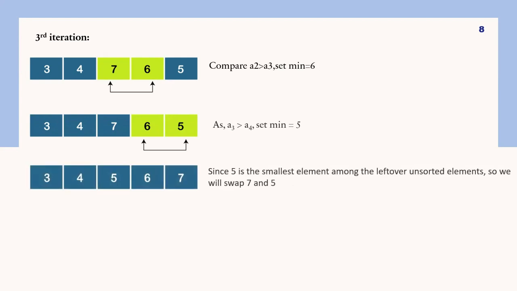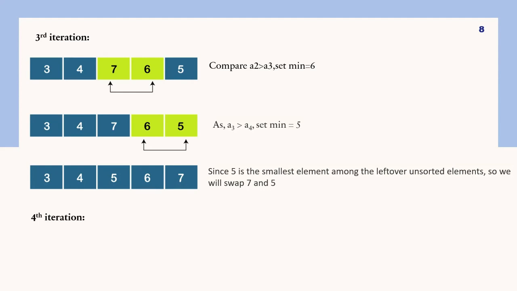The element 5 is replaced with the 7 element here, because at the start of the iteration we considered 7 as the minimum element, so that should be swapped with the minimum element. So now the array looks like 3, 4, 5, 6 and 7. Since 5 is the smallest element among the leftover unsorted elements, we swap 7 and 5.